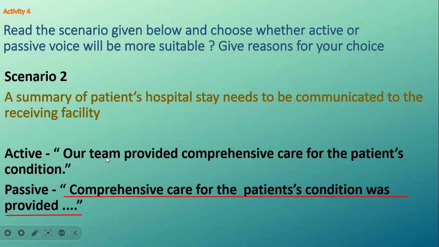Your team provided it is something that is very obvious. They know it already. So you don't have to focus on that part. Instead, you can say comprehensive care was provided. By us also, you don't have to write it. So this is why I've written these 4 dots here, because you can exclude that part and simply say comprehensive care was provided. That is sufficient, and that is focusing on the care plan.